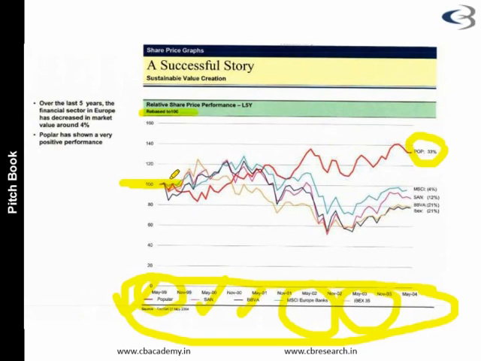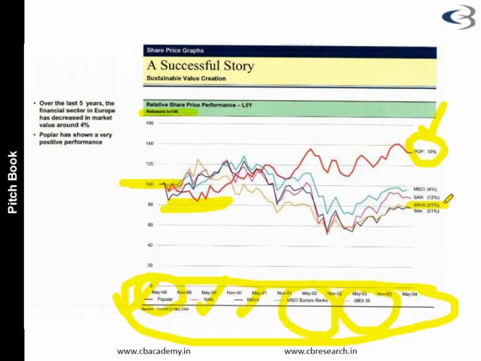Now, if I see this particular chart, I understand that to start with, Popular was not performing in a great way. BBVA was performing really well, but going ahead, slowly and steadily, Popular outperformed BBVA.